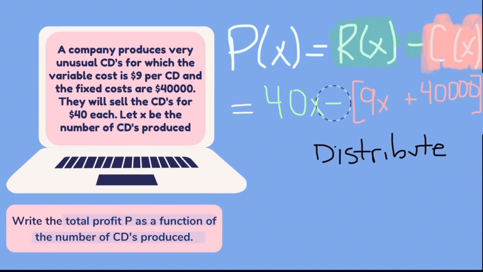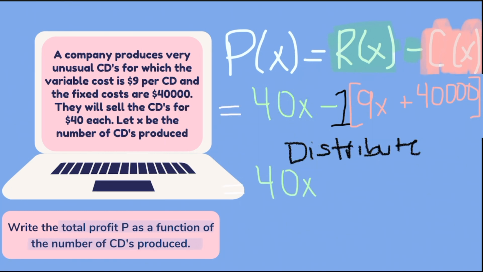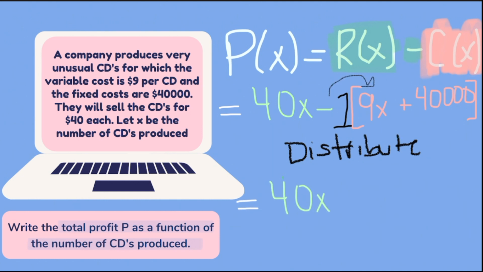The beauty about math, we don't see a number there, but technically the coefficient in front of that bracket is -1. So we need to distribute. We bring down what we already have that's not being touched or bothered, our 40x. And now we multiply -1 times 9x, which gives us -9x. We respect that sign and write it in our function.